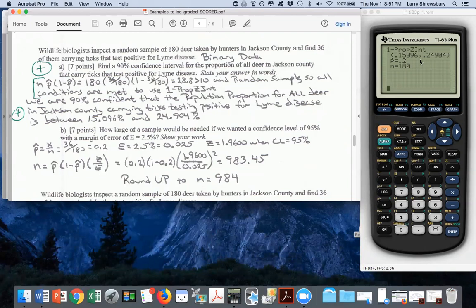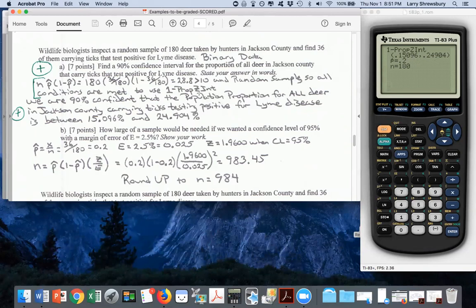Now, they're going to interpret this. So we are 90% confident that the population proportion for all deer in Jackson County carrying ticks testing positive for Lyme disease is between 15.096% and 24.904%.